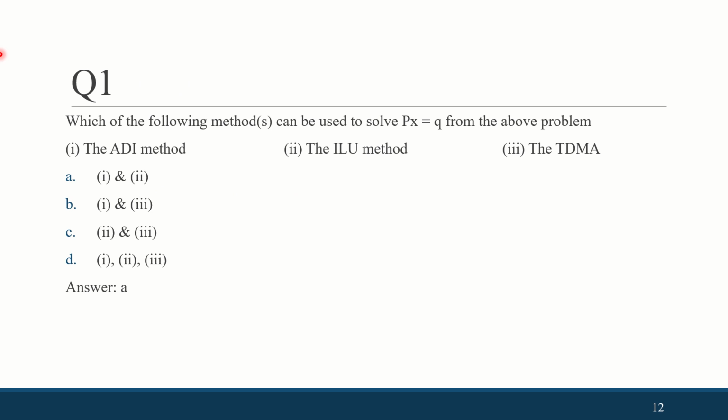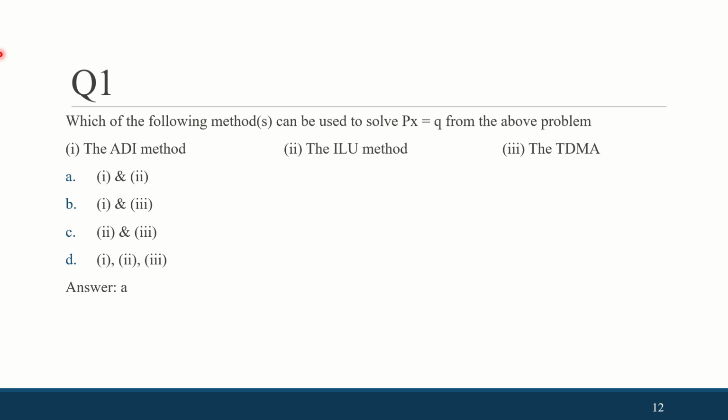The questions were about which of the methods could be used to solve the problems, like the ADI method, ILU method, and TDMA. TDMA cannot be used because in the previous week's problem session we saw that TDMA could not be used because the matrix was not forming a tridiagonal matrix.